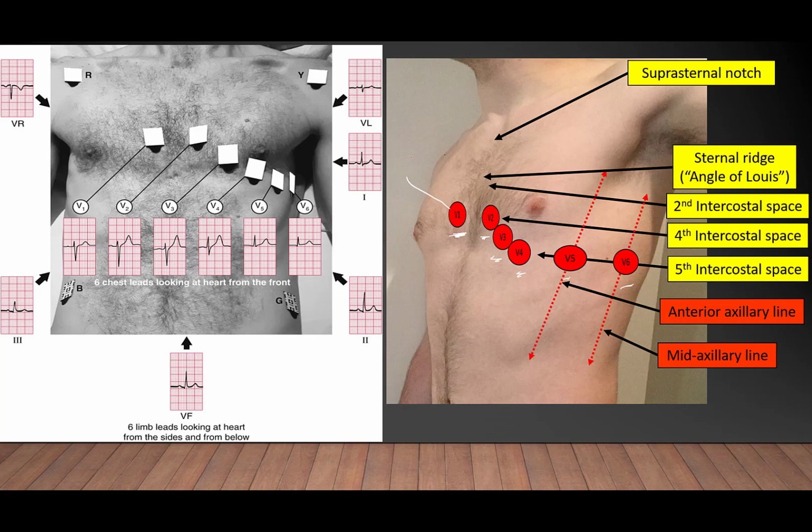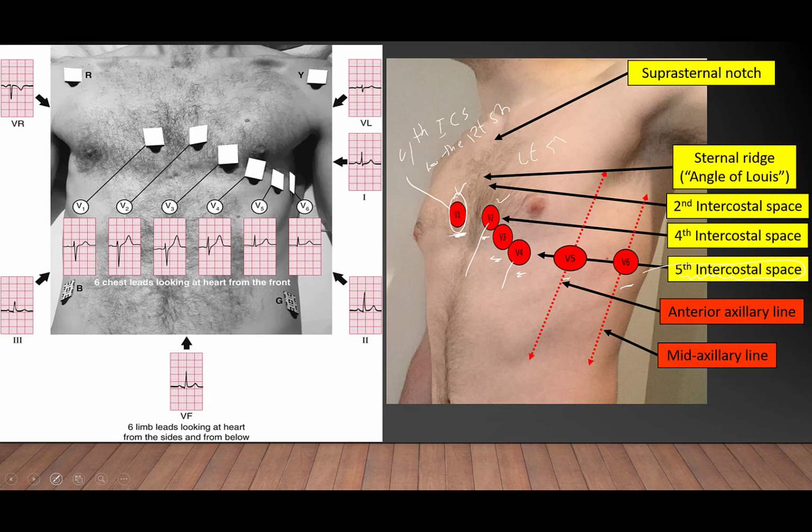V1 is at the fourth intercostal space to the right of the sternum. We have to fix it at this point. V2 is at the same level but to the left of the sternum. V3 is midway between V2 and V4. V4, as you know, is at the fifth intercostal space.